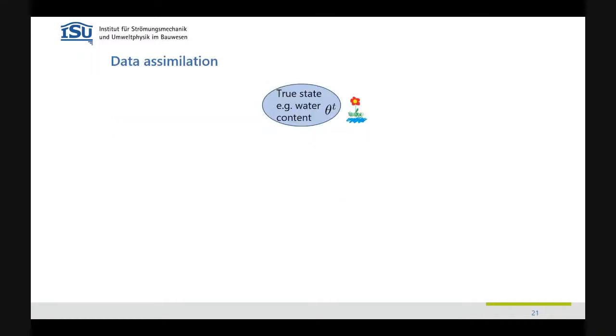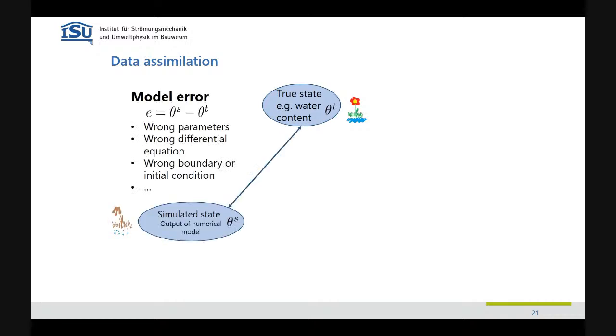So this is how it works in a very crude picture. We have a state, let's say water content, that we want to predict. And we have a model, and there is a mismatch due to all the reasons that I just talked about, and we should acknowledge this. So we don't have just a state, we should have a distribution for the state. We should acknowledge the uncertainty, and there's a mismatch.